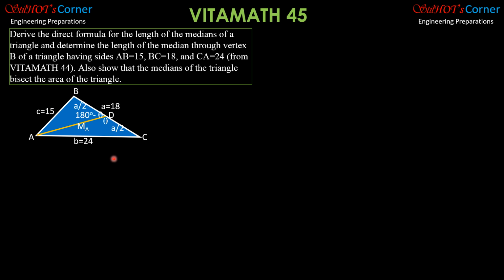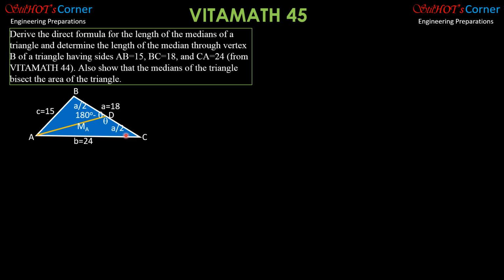So from the figure, by just observing and not yet deriving the formula for MA, one suggestion is you solve for angle C and angle B by cosine law. Then after solving for angle C, for example, you can compute MA by cosine law in this triangle.